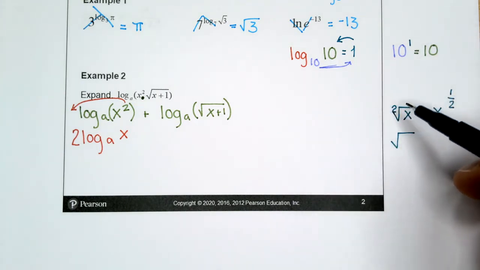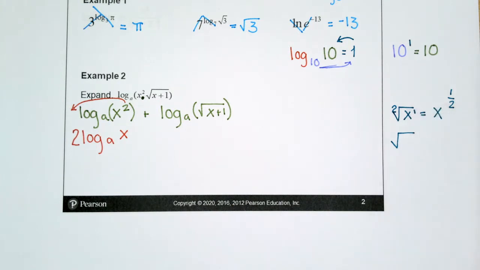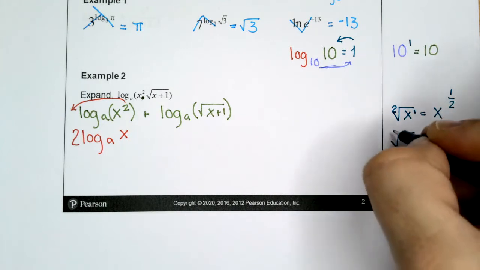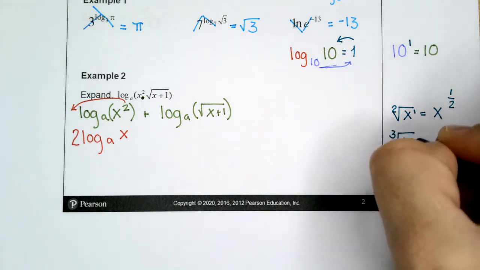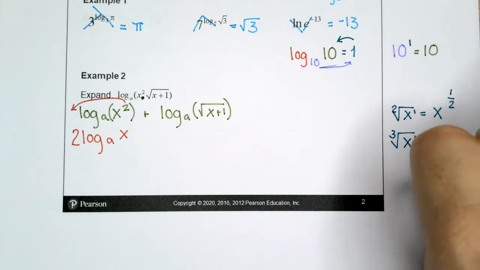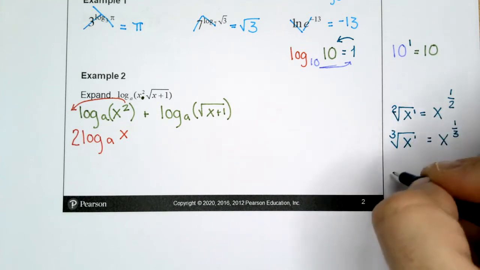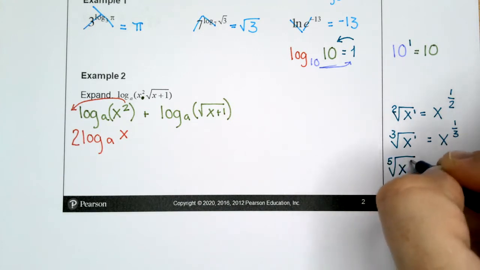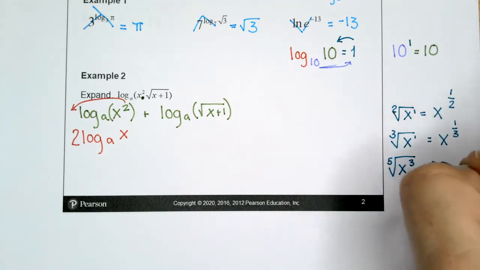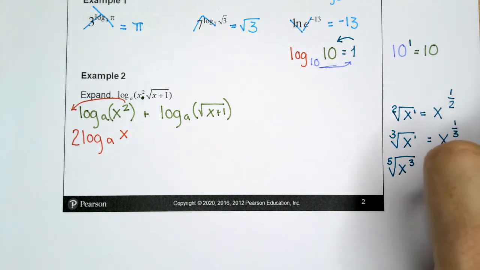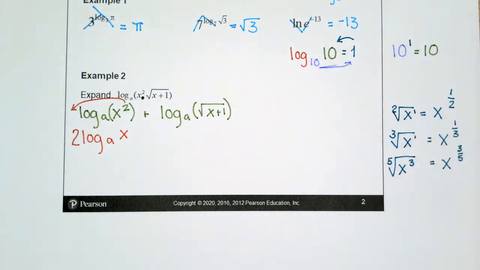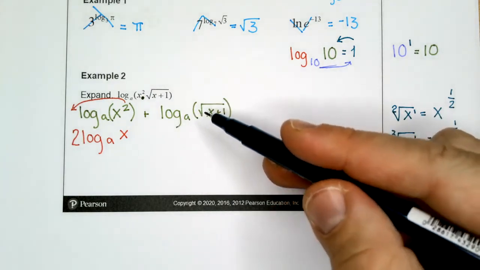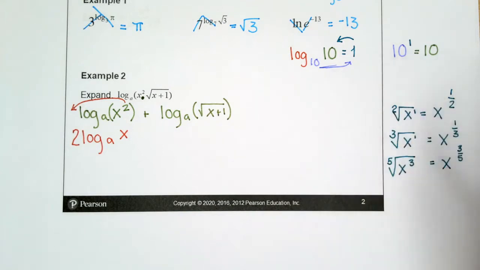Anything you have under a radical, you can change into a fraction exponent because those are the inverse of one another. So if this was the cube root of x to the first power, that would be x to the 1/3. If this was the 5th root of x to the 3rd, you would have x to the 3/5. Good. So I'm going to rewrite this as log base a of x plus 1 to the 1/2 power.